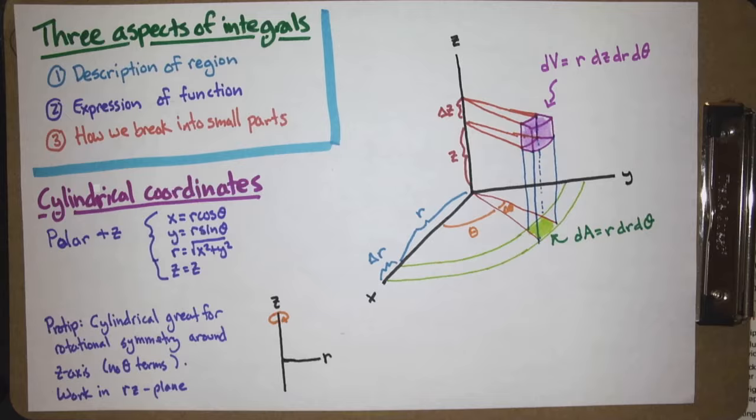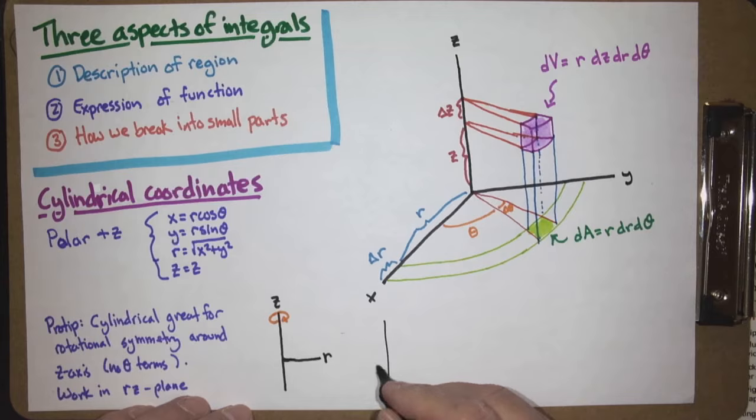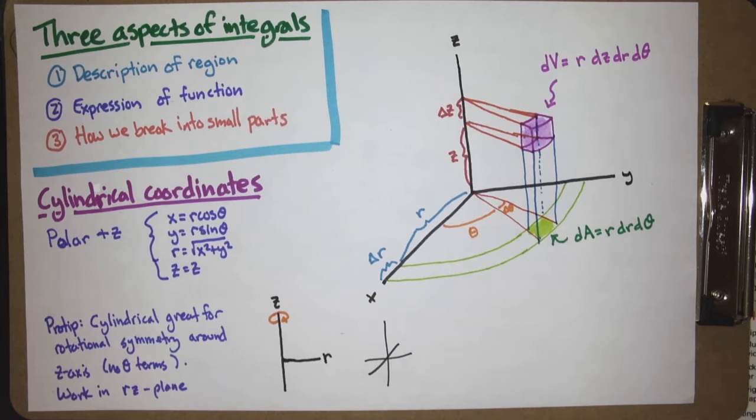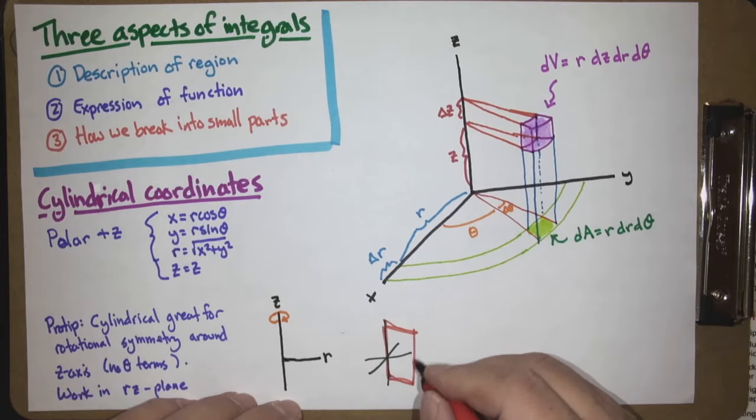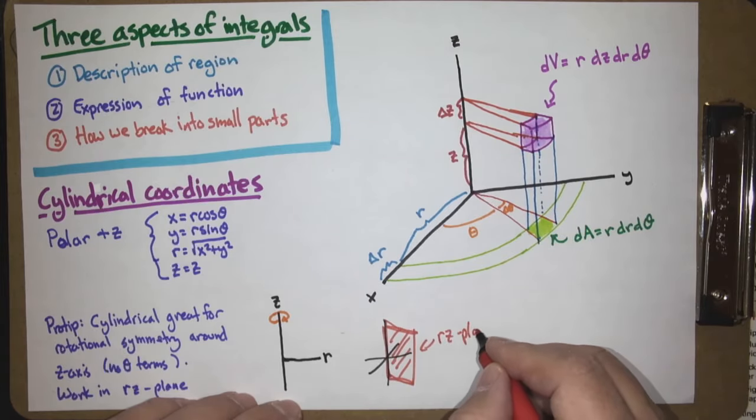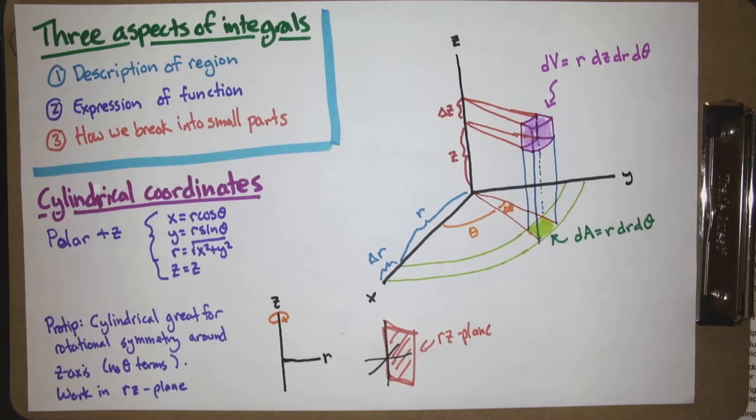For that, I recommend you work in the rz plane. The rz plane is just a fancy way of saying, take your three-dimensional space and take a half plane coming off of your z-axis. It doesn't matter which half plane you take, because rotationally symmetric means any half plane will work.